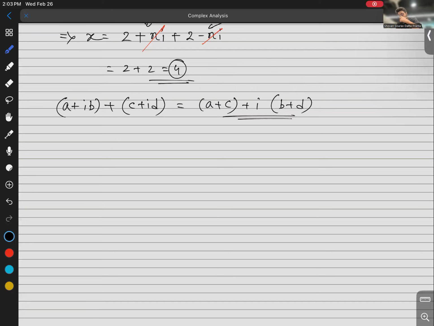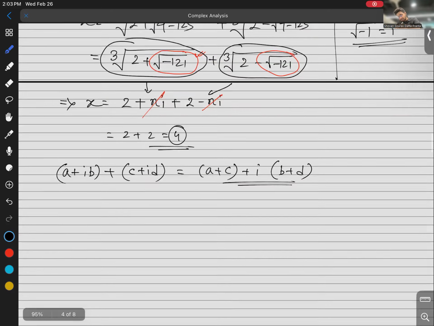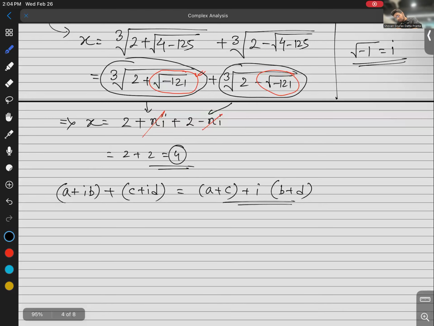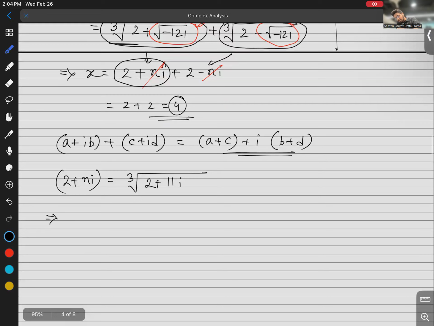And again, there are some other calculations needed because we are considering 2 plus ni as the cubic root of 2 plus 11i. That means if we raise the value to the power 3, then we will get 2 plus ni to the power 3 equal to 2 plus 11i.